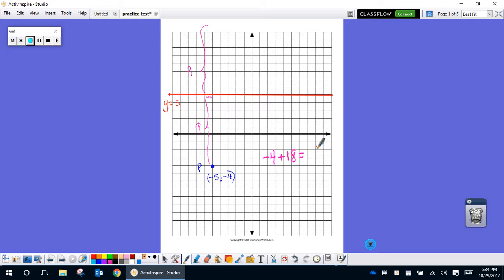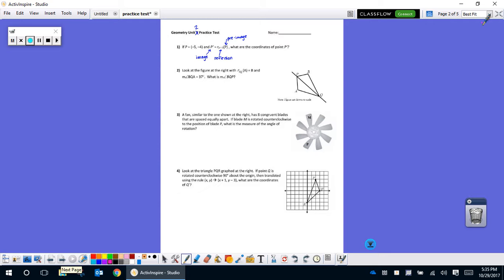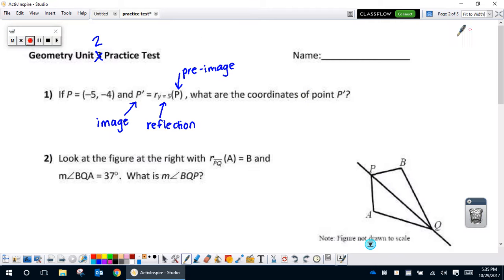You would do -4 plus 18 to get 14. Your x-coordinate is not changing because it's going straight up. So that means P prime would be at (-5, 14). Again, highly suggest you graph the picture. Okay?